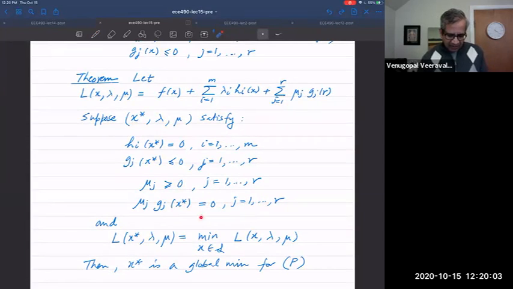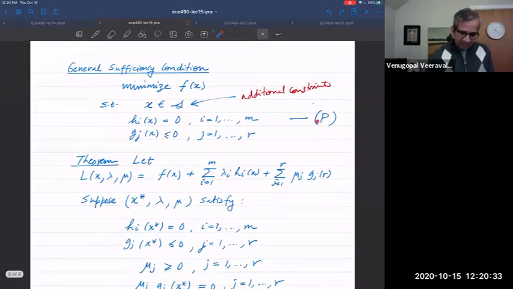If these are satisfied, and in addition, if I look at the Lagrangian function at that x star, for this choice of lambda and mu, if that turns out to be the one that minimizes the Lagrangian for that lambda and mu over x belonging to S, then x star is a global minimum for this optimization problem.